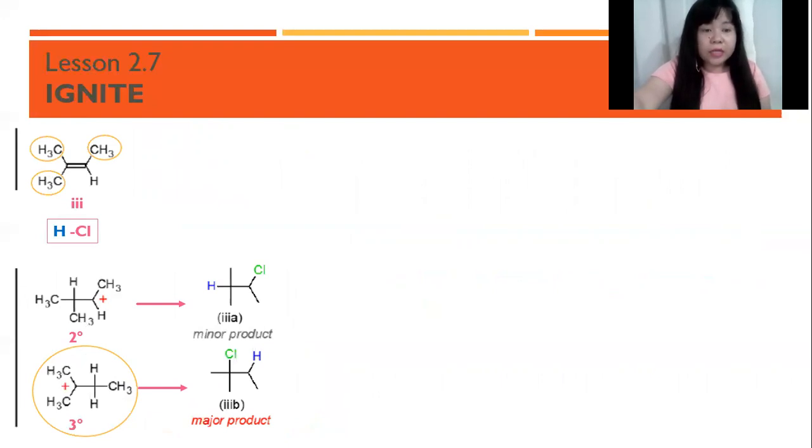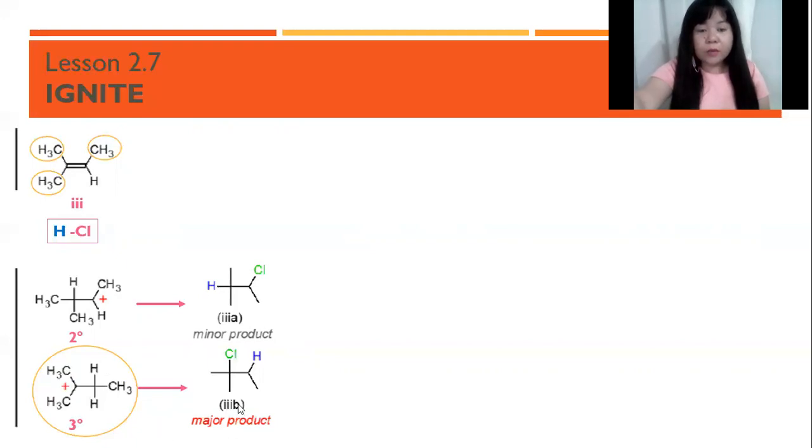Okay, now these 2 carbocations may form their corresponding products after the attachment of the nucleophilic moiety, which is chloride, to the positively charged carbon. So in this case, chloride attaches itself to this carbon, and for the other carbocation, chloride attaches itself to the more substituted carbon. Now this is the major product.